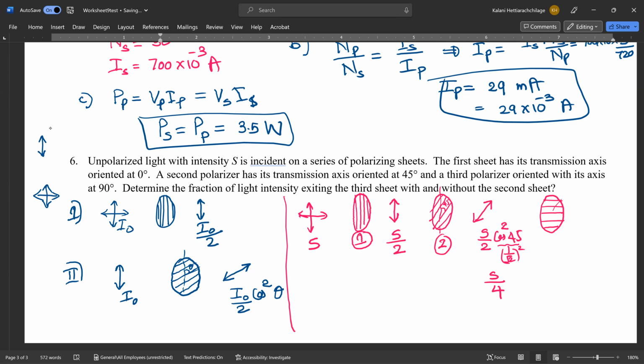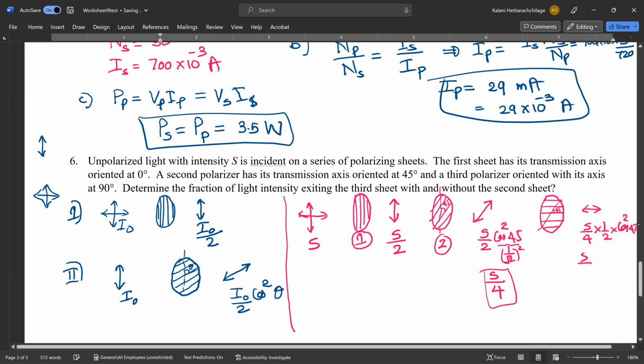But what you need to understand is that the angle relative to the incoming light is now 45 degrees. So the intensity will be your incident intensity S over 4 times cosine squared 45. Cosine squared 45 is 1 over 2, so that will be S over 8 times a half, which is S over 16.